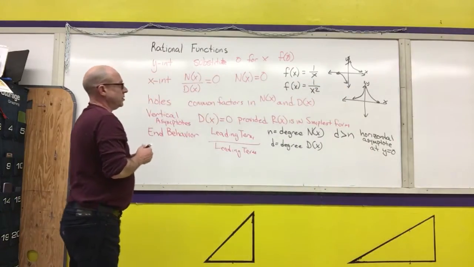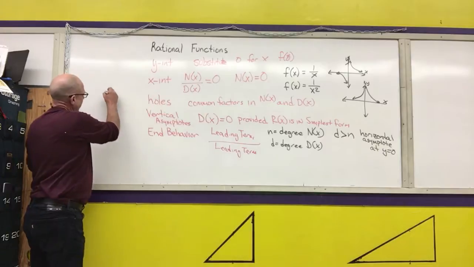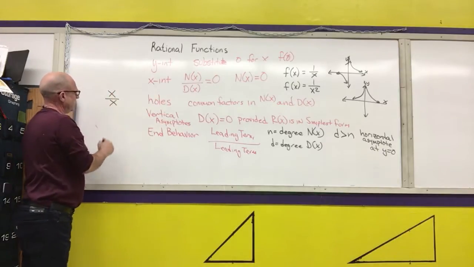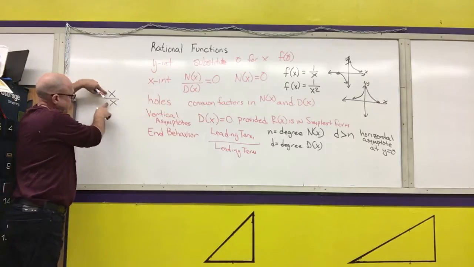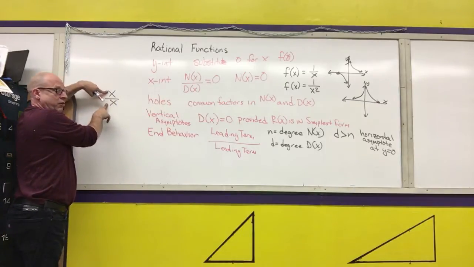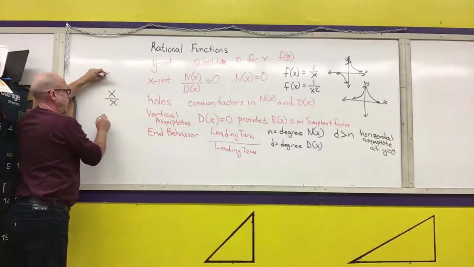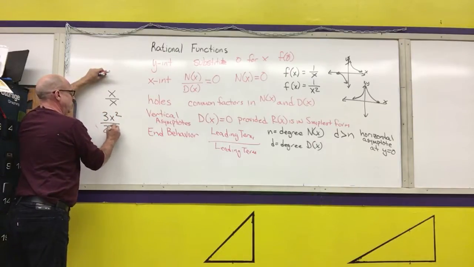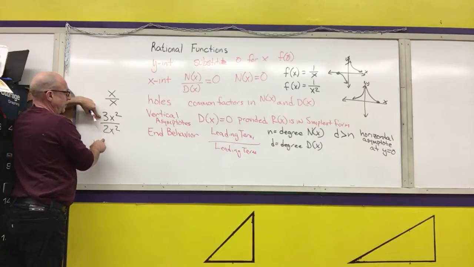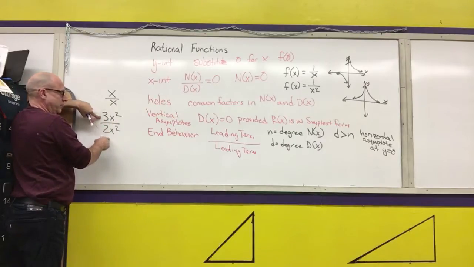Well, let's look at some other simple rational functions. If I have x over x, I told you we want to do leading term over leading term. Well, what's that divided by that? It's 1. Or I can have 3x squared over 2x squared. The x squareds cancel, and I'm left with 3 over 2.